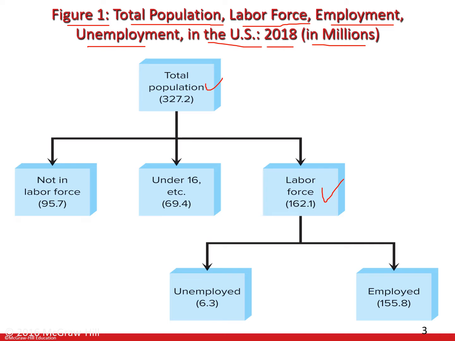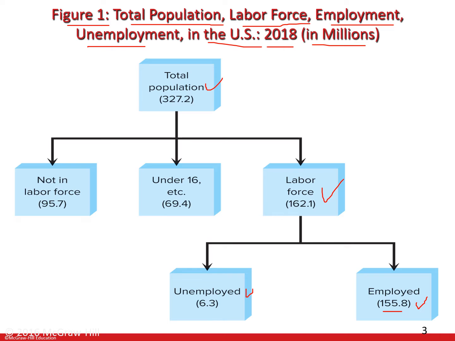Of this number, 155.8 million were employed, meaning they were working full-time or part-time, and 6.3 million were unemployed, meaning that they were not working, but they were looking for a job.